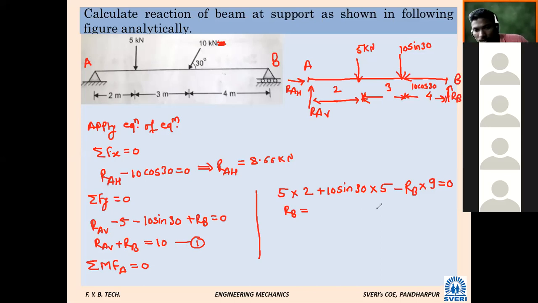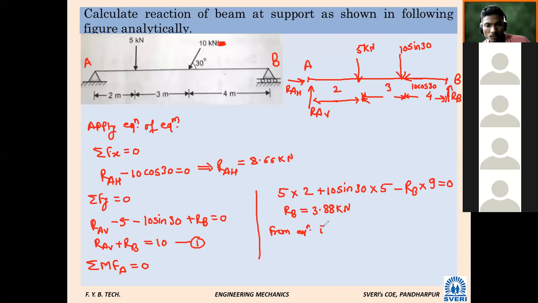Approximately 4. Lovely. It is 3.88 kilonewton. Is anything remaining?